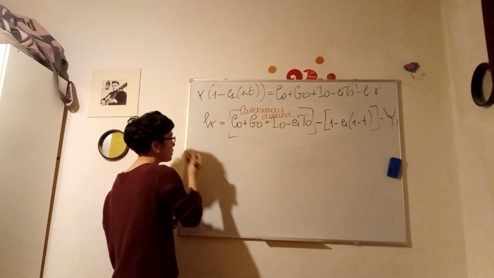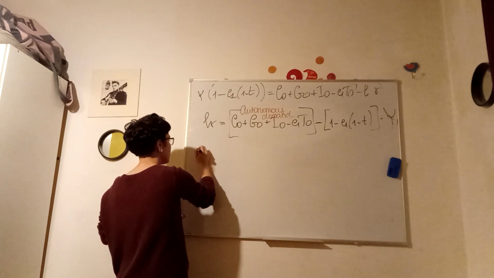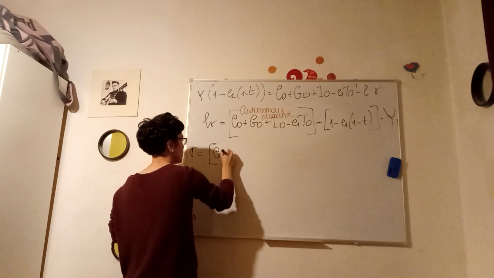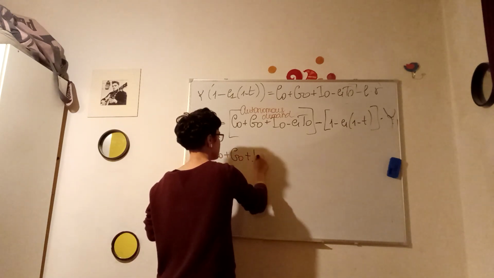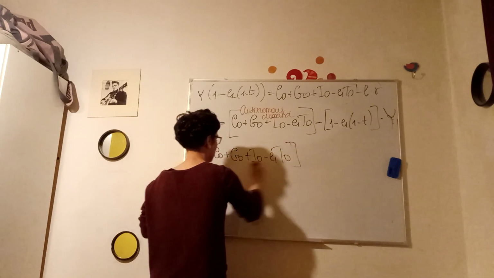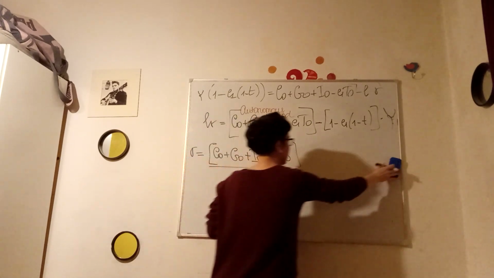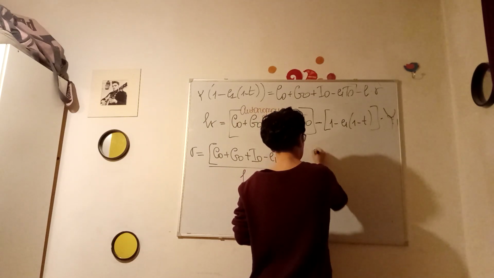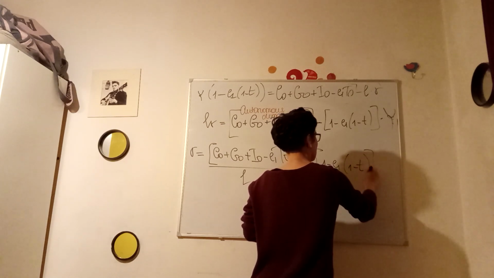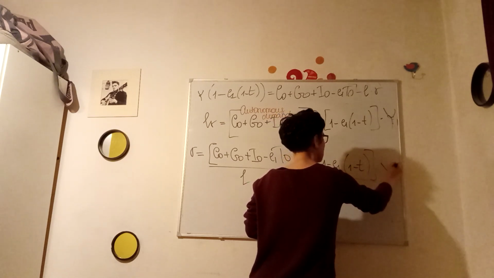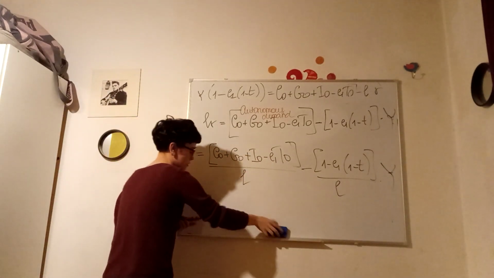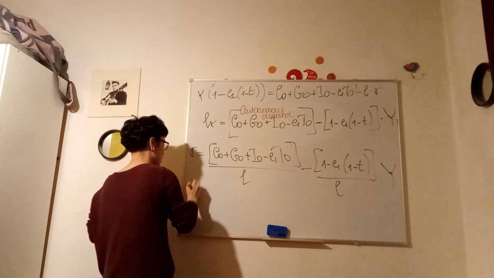So one final step is to divide both sides by L. Finally you will get R is equal to C0 plus G0 plus I0 minus C1 times T0, divided by L, minus 1 minus C1 times 1 minus T divided by L times Y. Here is the formula for the IS curve, as simple as it is.